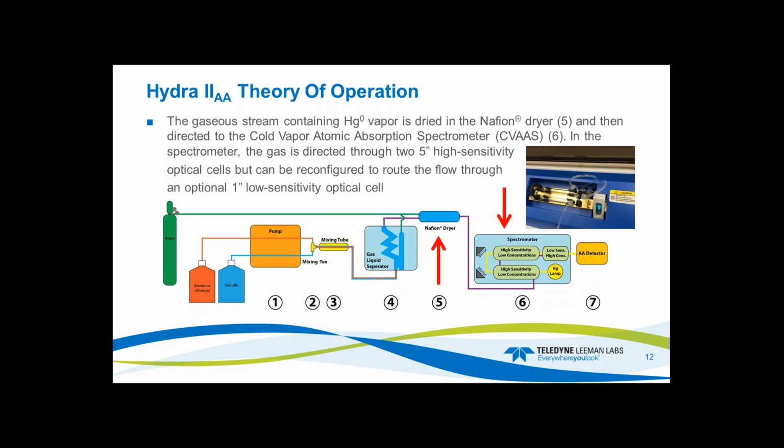The gaseous stream of mercury vapor is then dried by the naphthalene. Naphthalene is a Perma Pure dryer, and then it's directed to the atomic absorption system, the spectrometer. In the spectrometer, the gas is directed through two 5-inch cells for high sensitivity, low concentrations. But alternately, we can use a 1-inch cell for low sensitivity or high concentrations of the system.